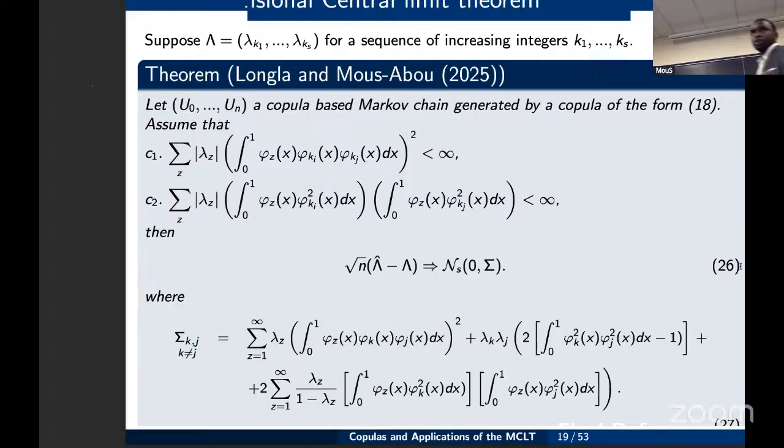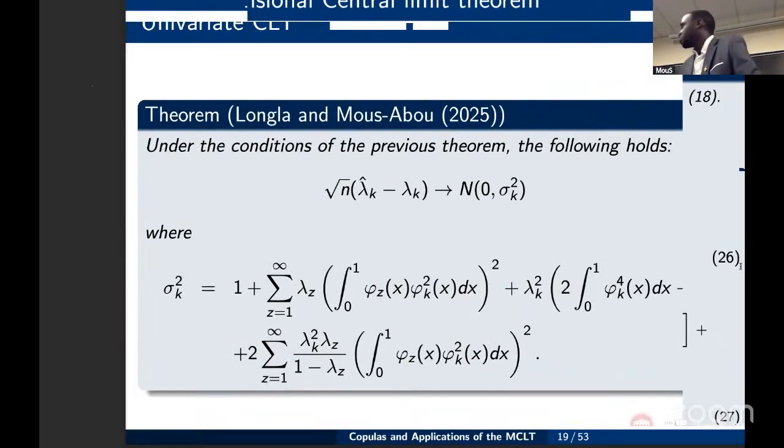So the components of the matrix sigma are given by equation 27. Here we just focus on where k is different from g, the off-diagonal terms. For the diagonal terms, the following theorem will give the components. So this is the univariate limit theorem, when we focus only on one parameter at a time, not all of them, right?